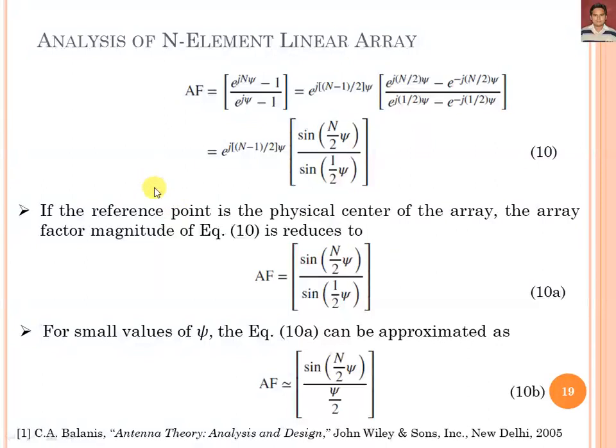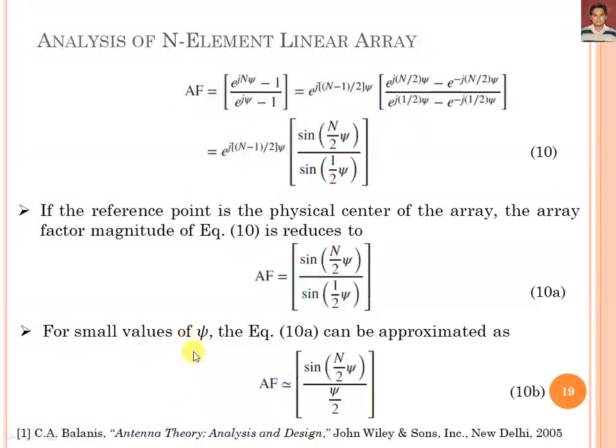If we consider the reference point at the physical center of the array, then the array factor magnitude, |AF|, equals the magnitude of sin(nψ/2) upon sin(ψ/2). This is an important expression, and it is needed for the calculation of different types of parameters relevant to the n element linear array.